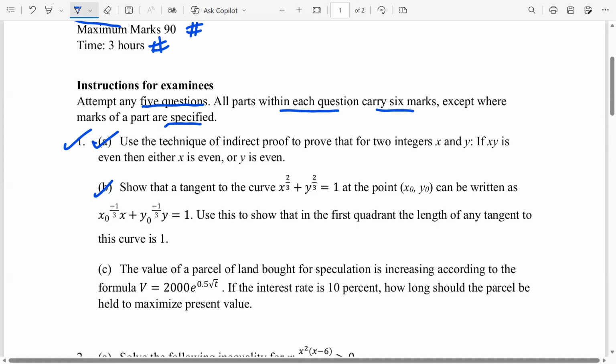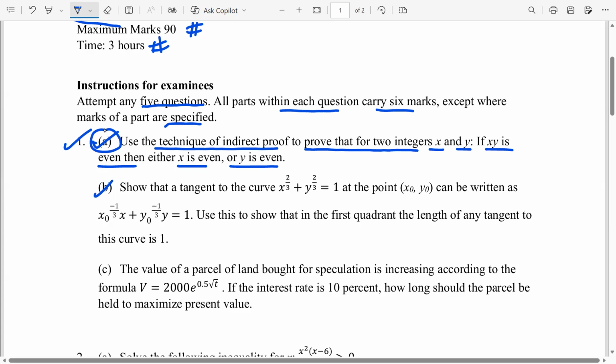Let's look at question 1, part A. Use the technique of indirect proof to prove that for two integers x and y, if xy is even, then either x is even or y is even. In my lectures on preliminaries, we talked about set theory and symbolic logic. In the symbolic logic lectures, we looked at how to prove a proposition using direct proof, indirect proof, and proof by contradiction.